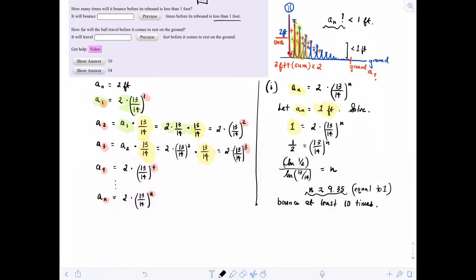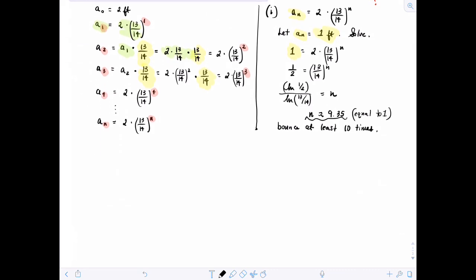So some things we need to note. Let me go down a little more. There we go. So this is the second part. We don't know n, and we do know that our ratio is 13/14.